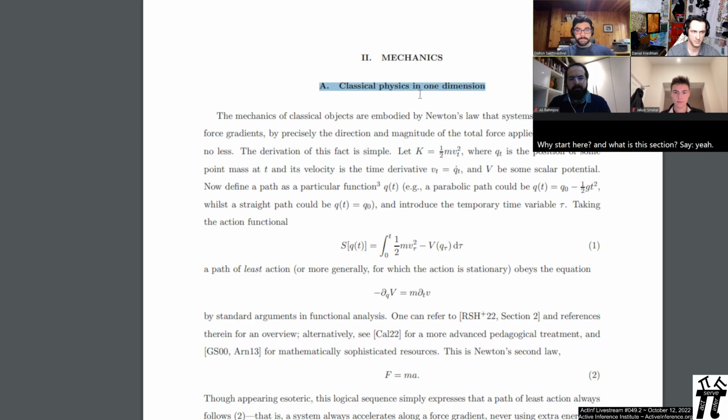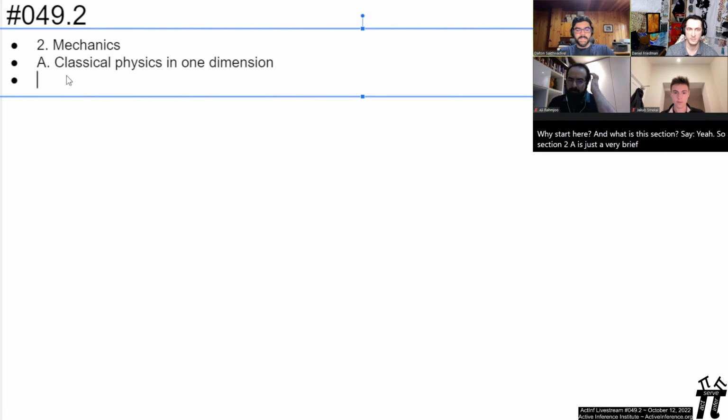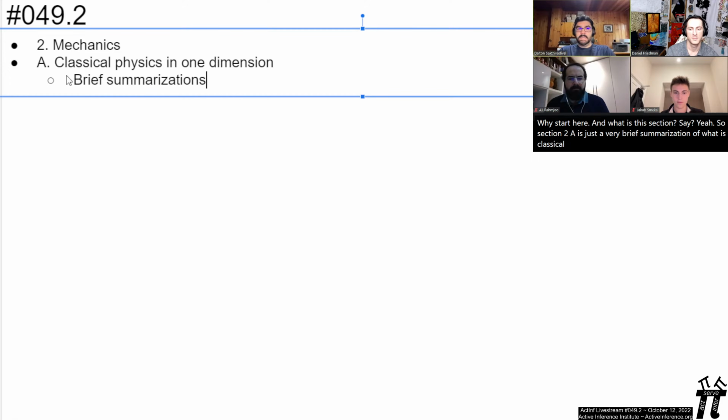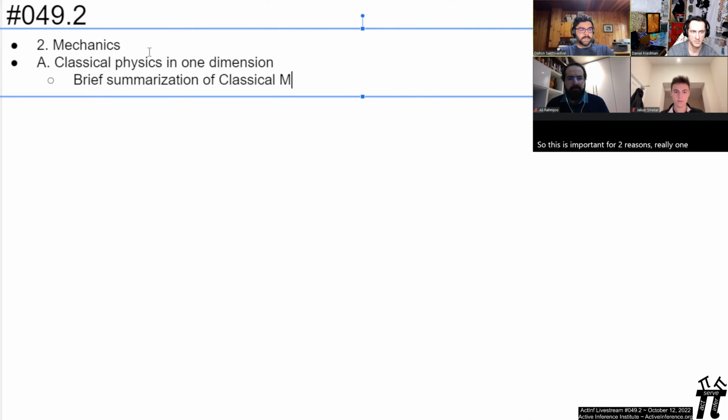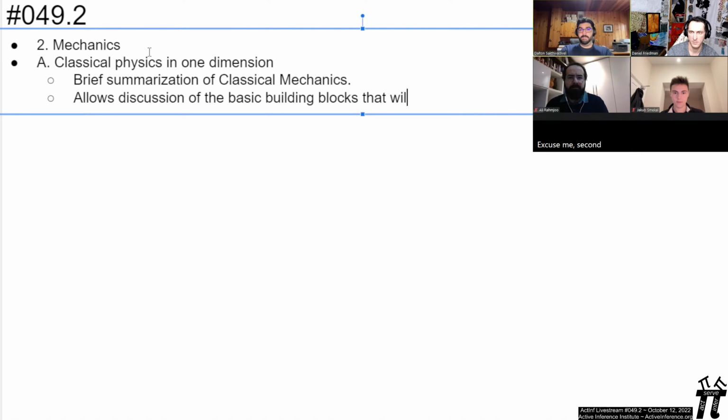Yeah, so section 2A is just a very brief summarization of what is classical mechanics. This is important for 2 reasons, really. One is it allows me to talk a little about the basic building blocks that I'm going to use in the second half of the paper.